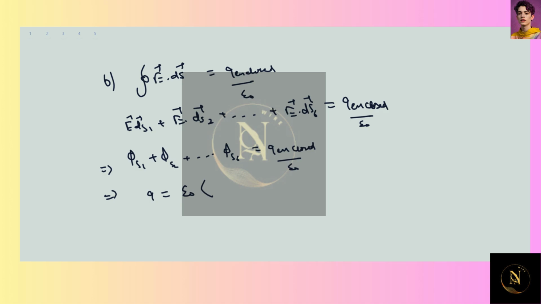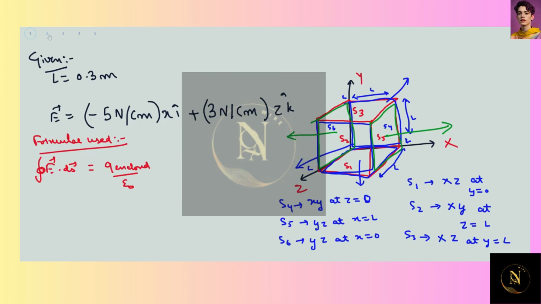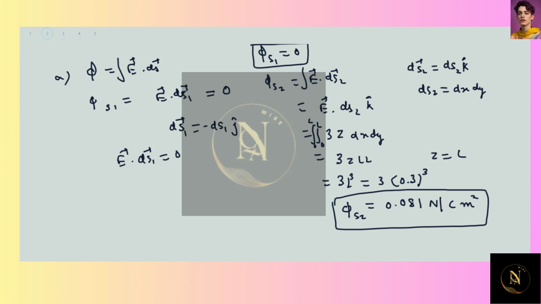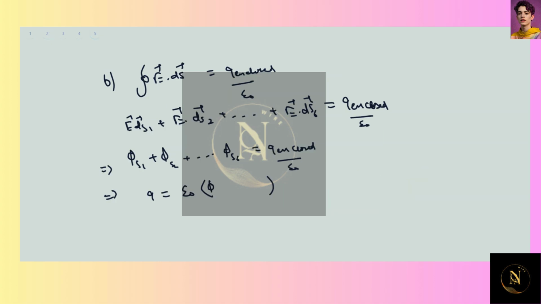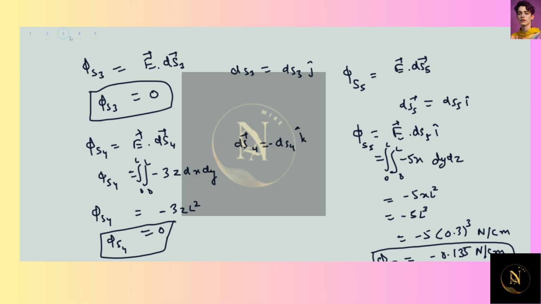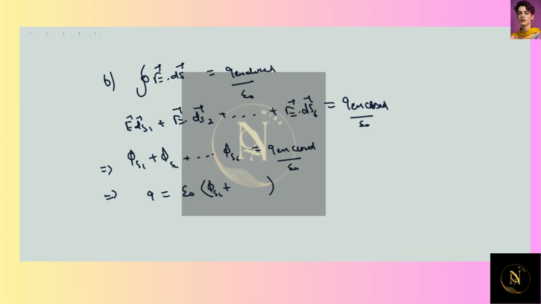The only fluxes which are not zero are phi S2 and phi S5. All others are zero.